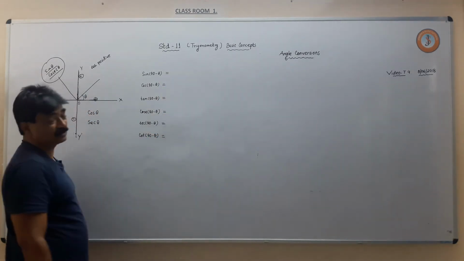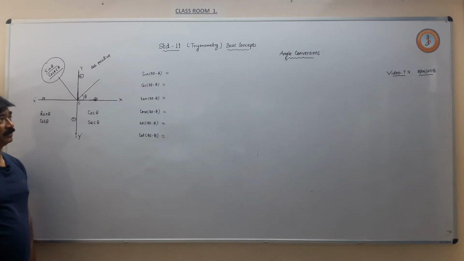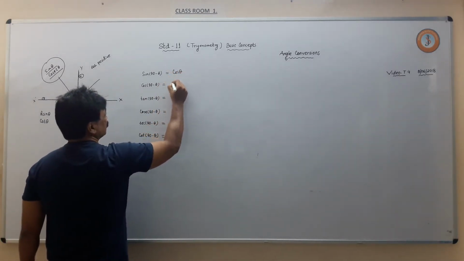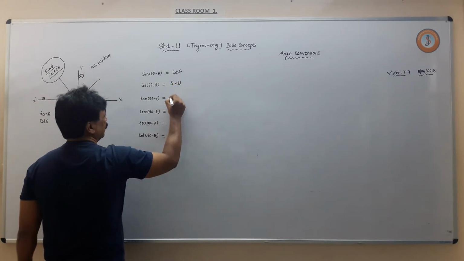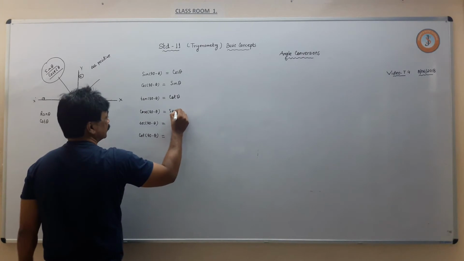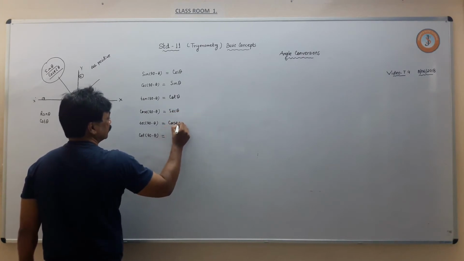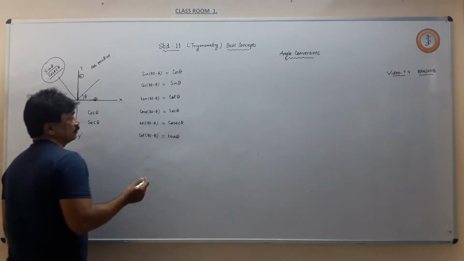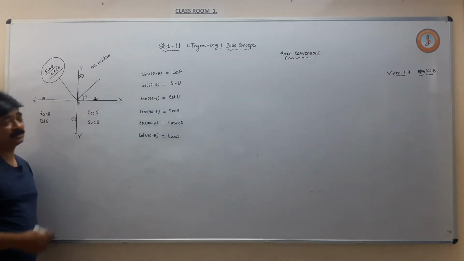There is an interchange of opposite and adjacent, and therefore sine changes into cos and cos changes into sine, tan changes into cot, cosec changes into sec, sec changes into cosec, and cot changes into tan. So that is why sine and cos are complementary.